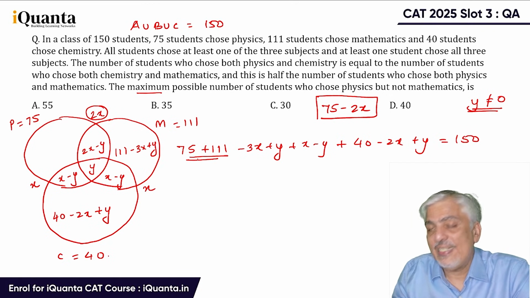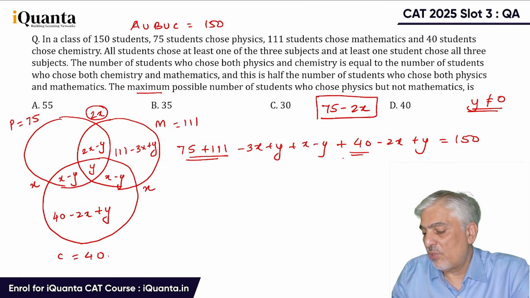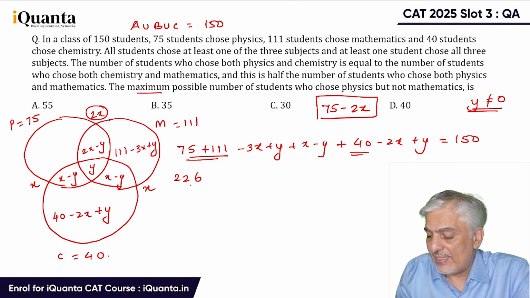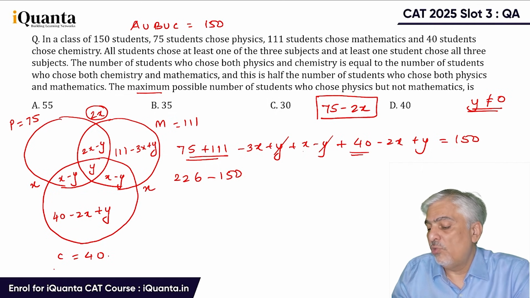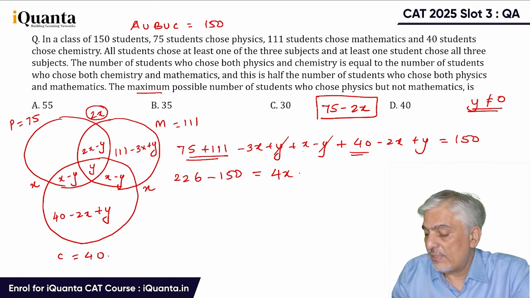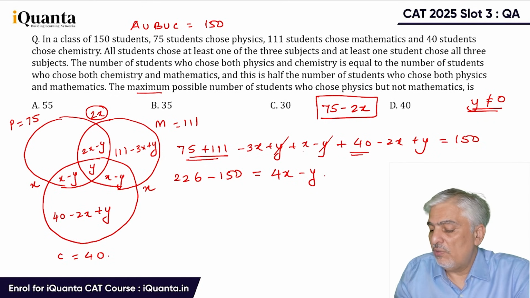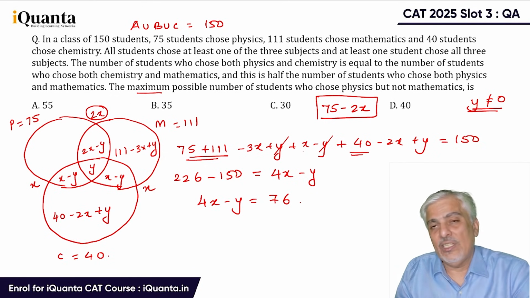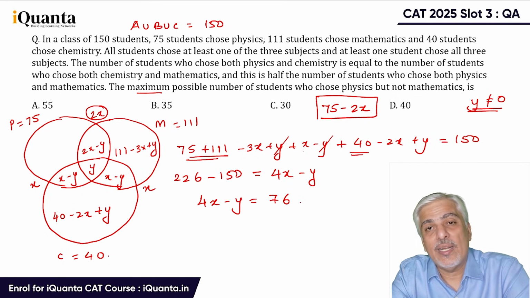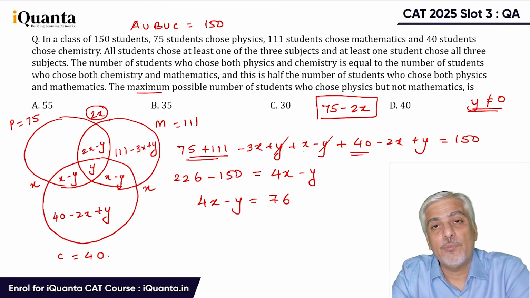This becomes 186. 186 plus 40 is 226 minus 150, and y minus y cuts out. There's only one y left. Minus 3 minus 2 minus 5 plus 1 is minus 4x, goes on the other side, becomes 4x minus y. So we've got 4x minus y is 76. Now remember, it is 4x minus y, and I want to keep x minimum possible.